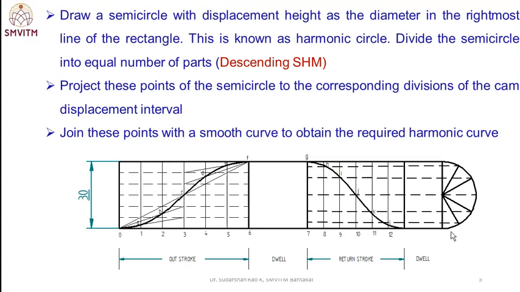Then project these points from the semicircle to the corresponding divisions of the cam displacement interval. The intersection of these projections gives the required points; join them with a smooth curve and you will get the simple harmonic curve. This is the displacement diagram, uniform acceleration retardation motion for the ascending and simple harmonic motion for the descending.